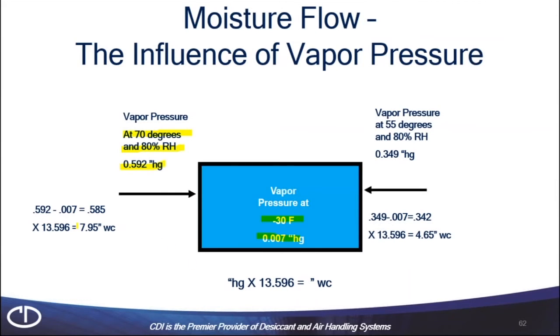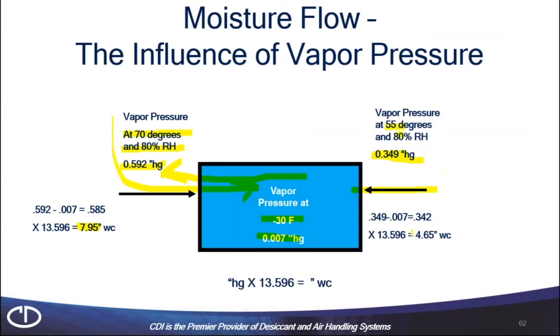Again, vapor is going to move right into the freezer even though the airflow is moving out. It moves against airflow right into the freezer. The other end, the airflow is moving in, so it's already coming that way. It is, in this case, a 55-degree room, so it does have a significantly lower vapor pressure, but still 5 inches of water column pressure differential on that vapor, trying to push it into the freezer.